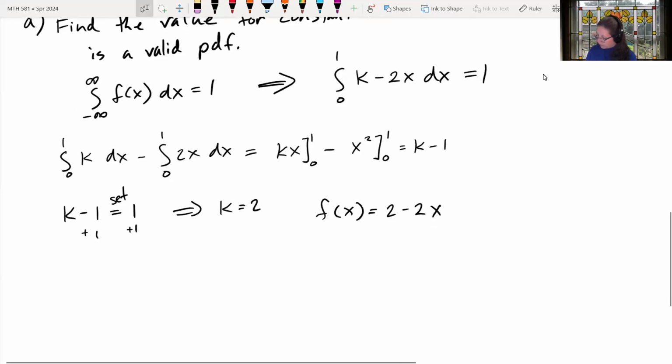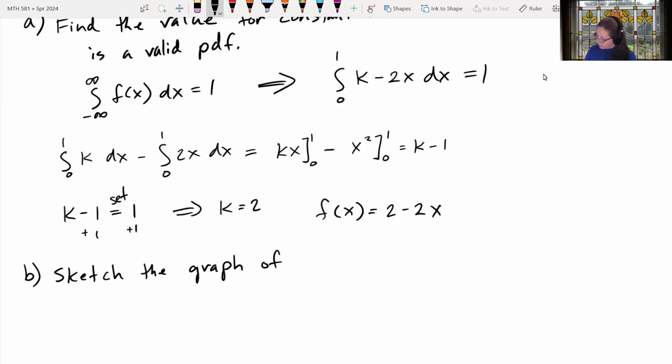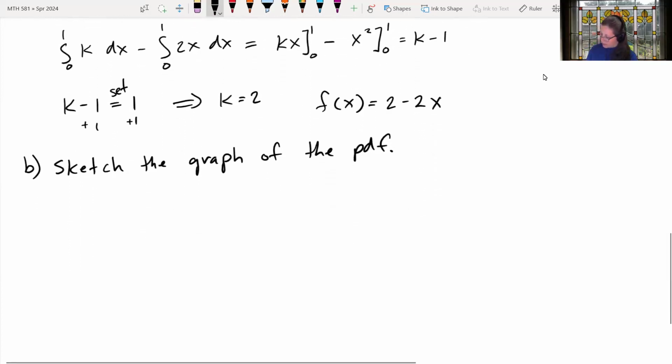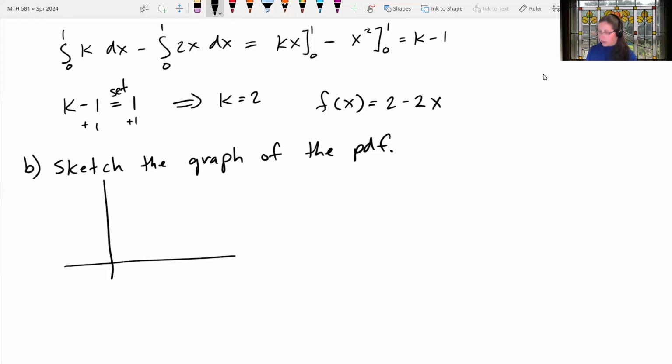So let's sketch a graph of that. Do that as part B. So recall that the function is 0 everywhere else, just not between 0 and 1. So this is going to be a little triangle. Here's 1, 1, 2.